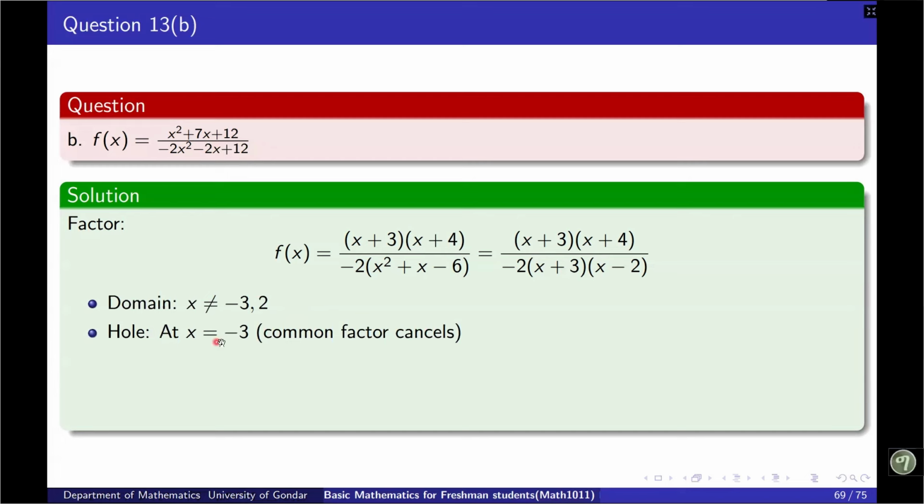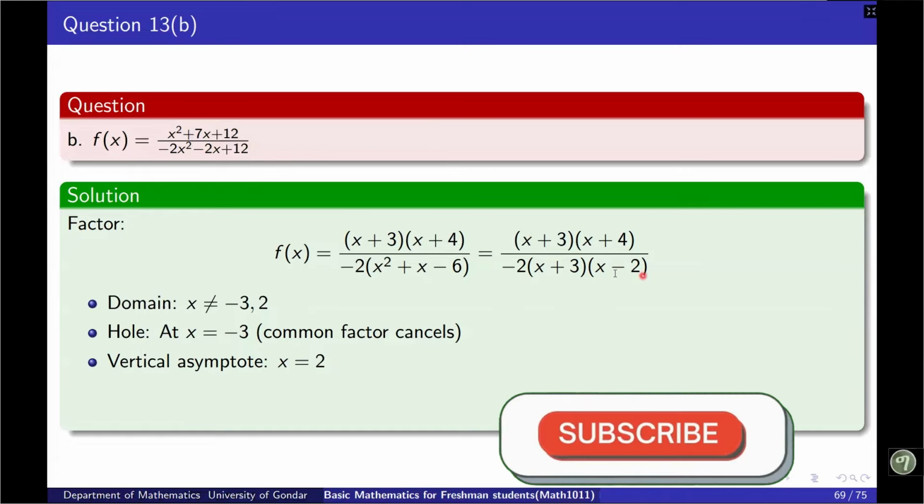At x equal to negative 3, because the common factors can be cancelled, x equal to negative 3 cannot be a vertical asymptote; rather we put a hole at x equal to negative 3 in the simplified form. Then the vertical asymptote is only this one, which is irremovable, that is x equal to 2.